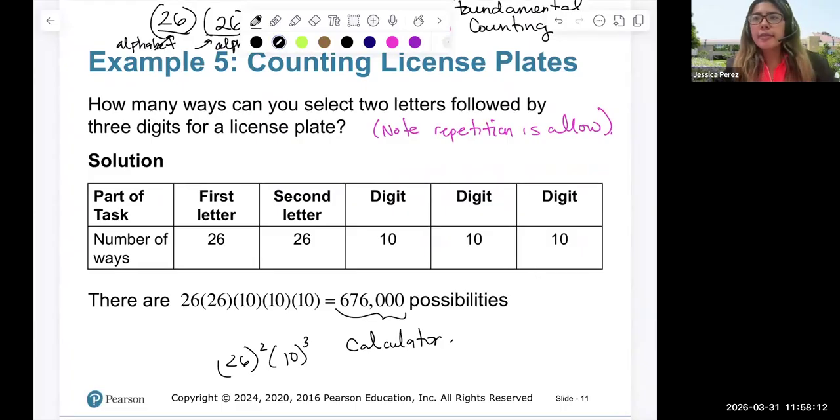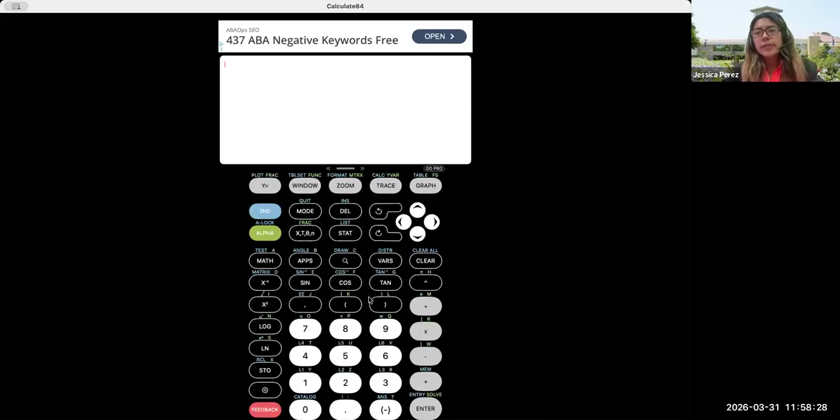I'm going to show my calculator. It's a nice resource to have. It's called Calculate 84. It's a free device. Let me go ahead and share that screen. So this is my calculator.